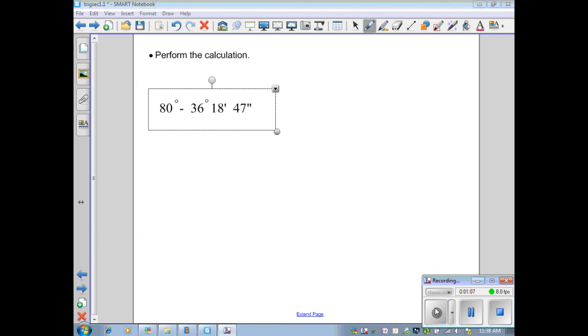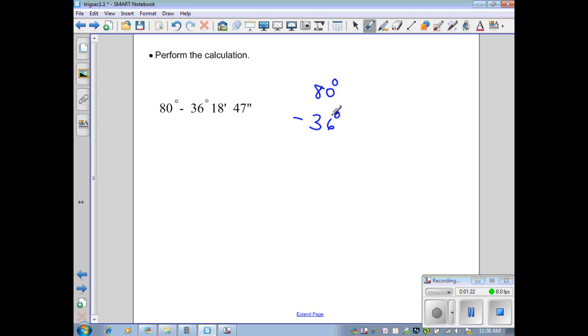Another example with a difference is going to give us a little bit more borrowing. So we're going to do this in the same fashion where we're going to stack them. 80 degrees minus 36 degrees, 18 minutes, and 47 seconds. So we're going to have to do some borrowing to get this thing resolved.